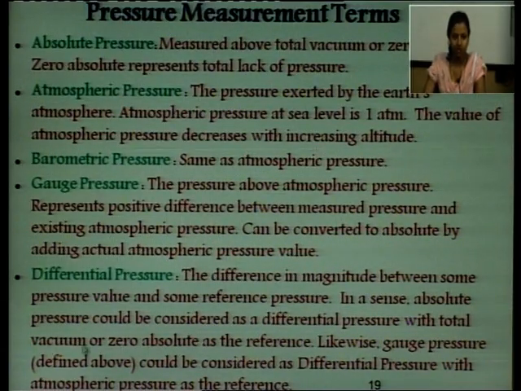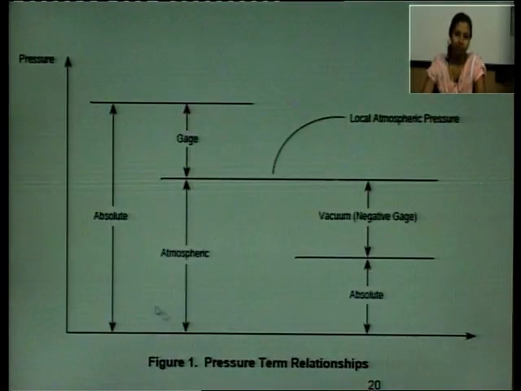Likewise, gauge pressure, which is defined above the atmospheric pressure, is considered as differential pressure with respect to atmospheric pressure as a reference. So, I think here the terms should be more clear.